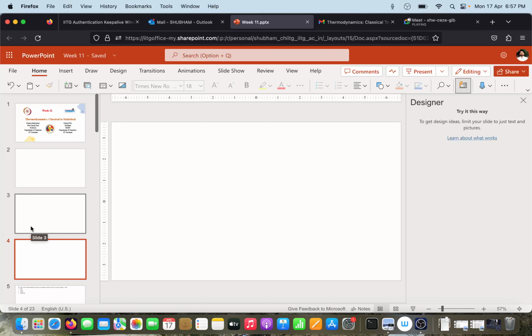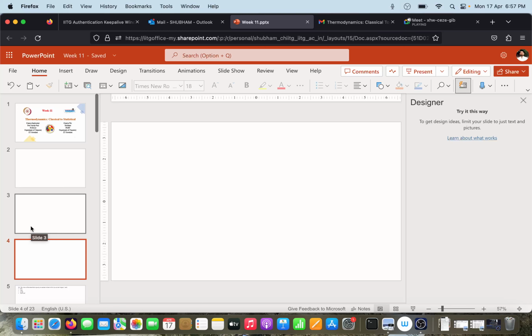That means P1 V1 is equals to P2 V2. Obviously this is at constant temperature, and the gas is an ideal gas. Ideal gas and isothermal process, PV is constant, that is P1 V1 is equal to P2 V2.